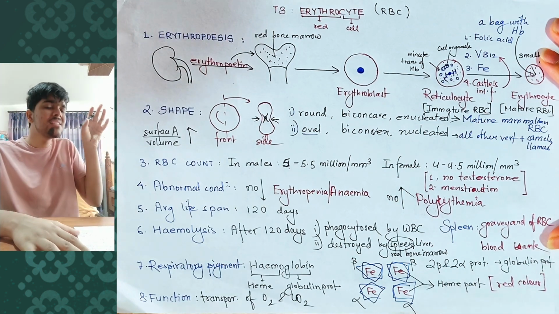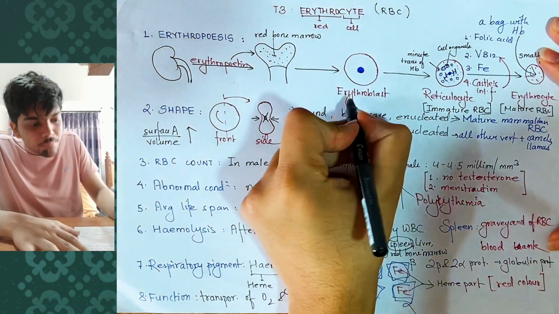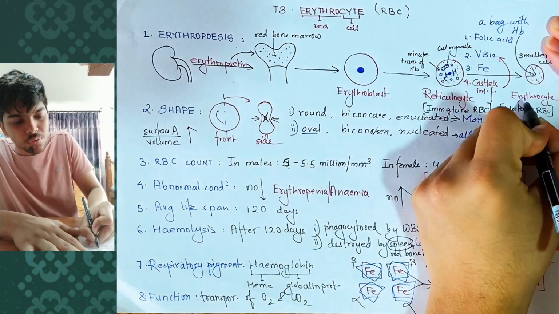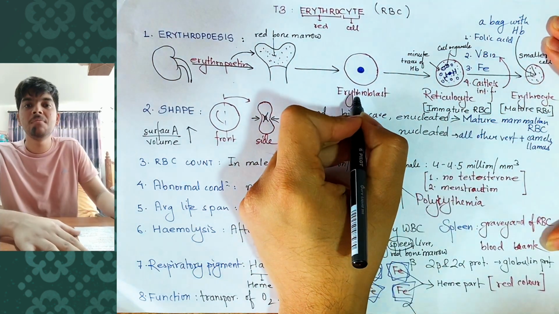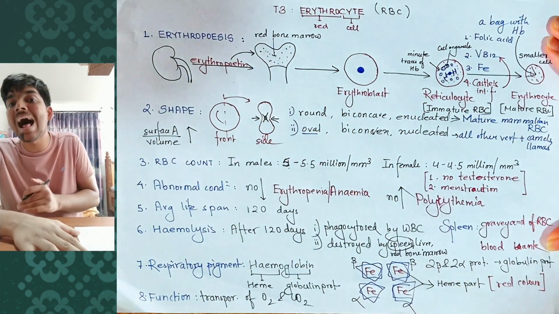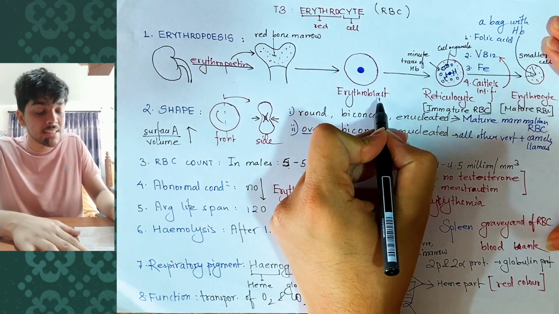From this precursor cell, the cell A has been formed. Similarly, from this erythroblast, erythrocyte is formed. That's why erythroblast has been given the name, where blast literally means precursor cell, the cell that gives rise to other cells.